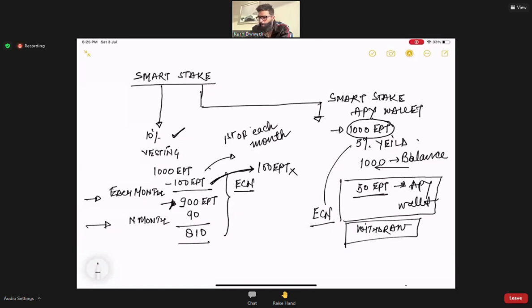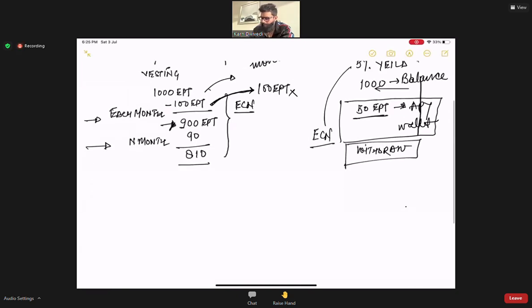So it's important for us to understand the fact here. Let's say the name is John, and John here has got 1000 EPT in a Smart Stake wallet, SS wallet, right?